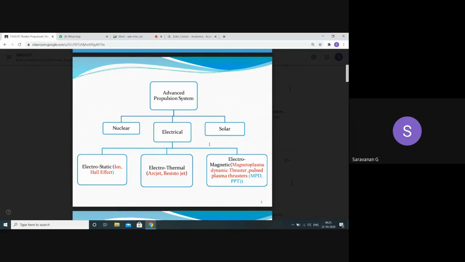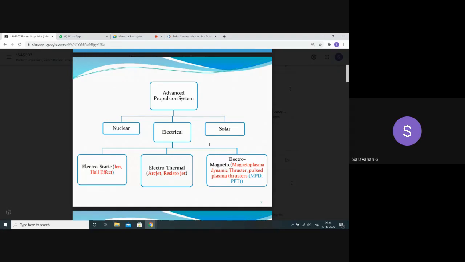From the name itself, you can define it. As I said earlier, we have the traditional systems, where we were using chemical propellant for generating thrust. As you know, the objective of the propulsion system is to generate thrust so that the vehicle moves in forward motion. That is the objective of any propulsion system, maybe a rocket or an air-breathing system.